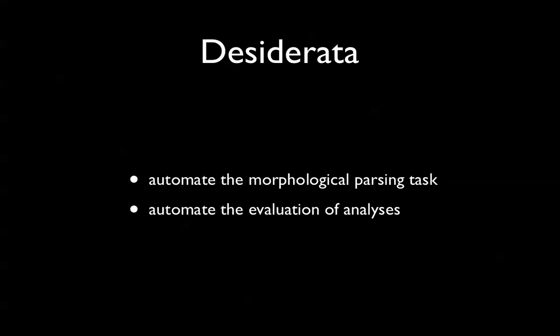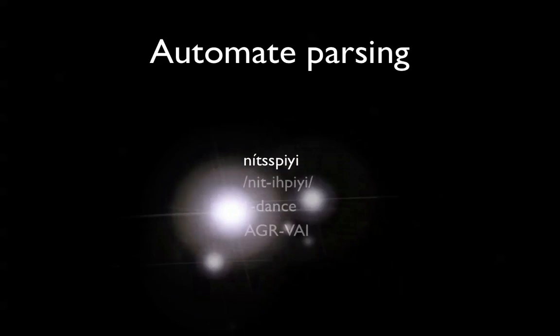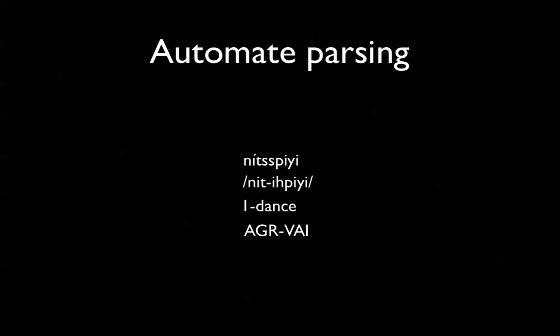There are 2 big features that I want to see in a fieldwork application. I want to be able to automate the task of creating morphological analyses. I also would like the system to help me in evaluating my analyses. This is what I mean by automating the parsing task. I want to be able to type in my transcription and have the system automatically generate for me the morphological analysis in IGT format.